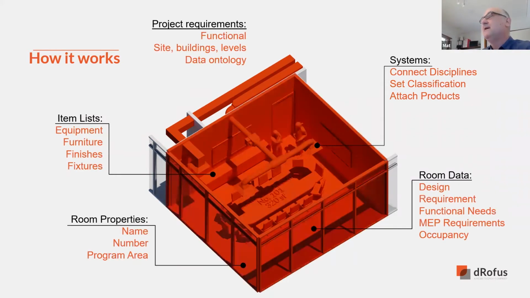So that's the raison d'etre, a simplistic way of thinking about what dRofus can do for you. Obviously, in a Revit model, there'll be geometry for that room, and you'll have the square meterage and whatever. But really, everything else, this metadata, is best hosted in dRofus and shouldn't clog up the model.